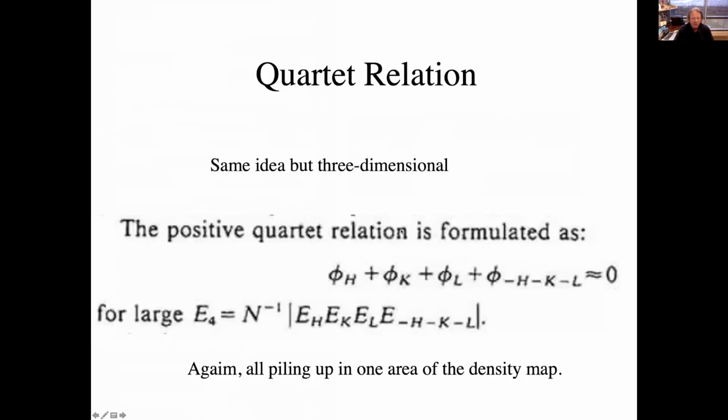This is more true when the magnitudes of these reflections are all large. So this again is just the piling on phenomenon in 2 dimensions, and the quartet relationship is this same piling on idea in 3 dimensions.